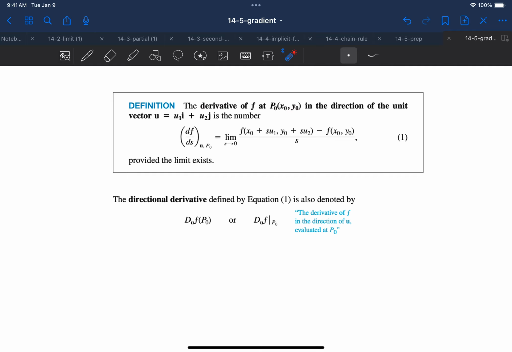The rate of change of your height at the current position (x0, y0) in the direction of the unit vector u = (u1, u2) is defined as a number. The left-hand side is the notation of the directional derivative: df/ds at p0 in the direction u.